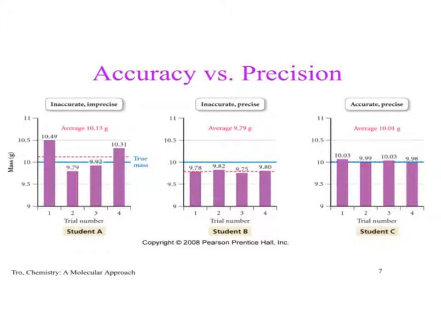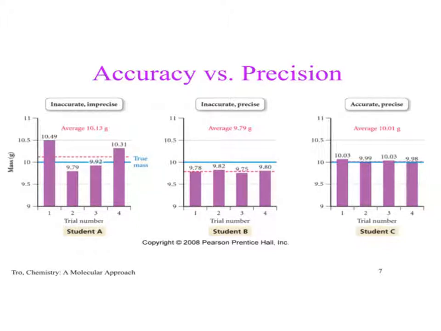So you can take a look at this set of data here. We've got 1, 2, 3 different bar graphs shown. One is inaccurate and imprecise.